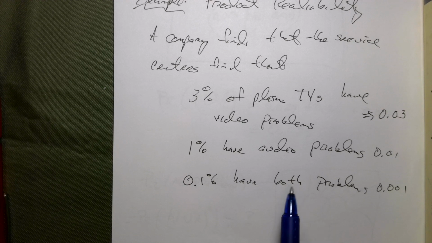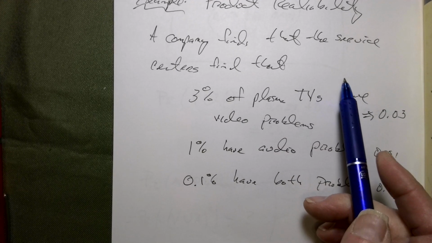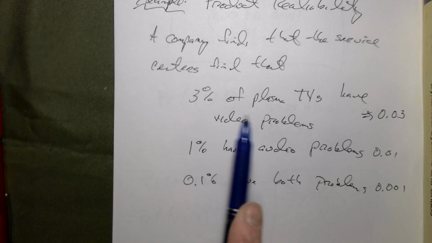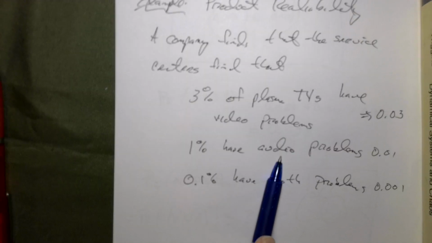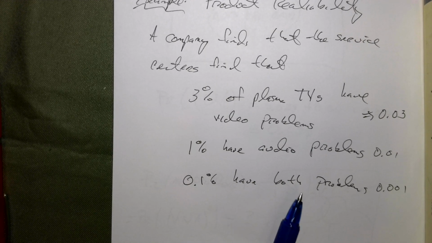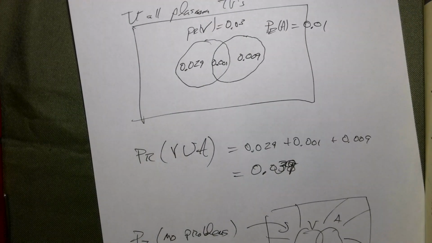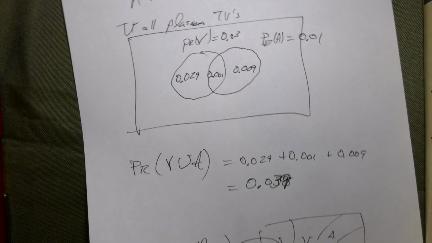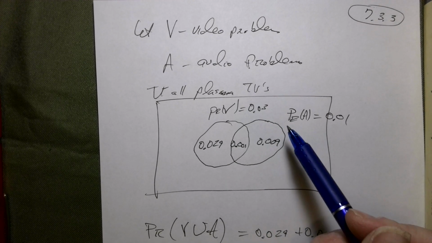So let's think about this. What is the universal set? It's all the TVs that they produce, some of which have problems with video, some have audio problems, and some have both. So there's going to be an intersection. The universal set here is all the TVs.